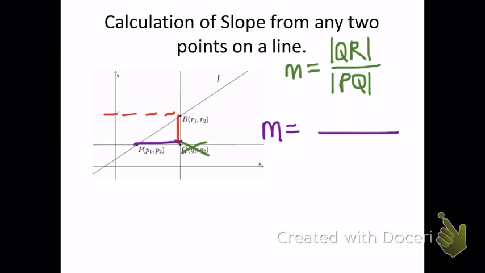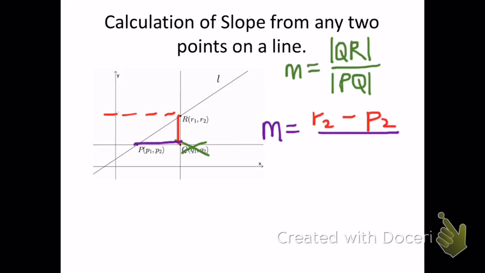So this distance here is, again, the difference in the y coordinates of the 2 points. So it's the difference between R2 and P2. So I can write it that way. The difference between R2 and P2 uses subtraction, right? So I'm just going to subtract the y coordinates, R2 minus P2.